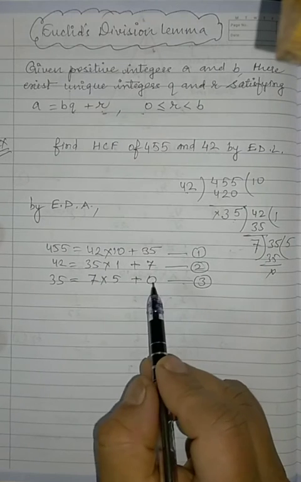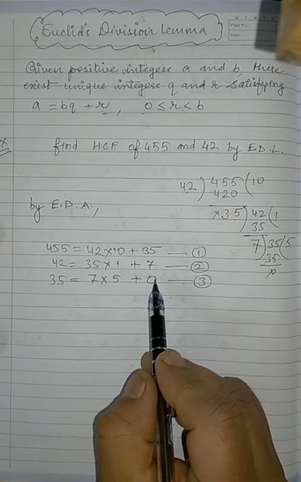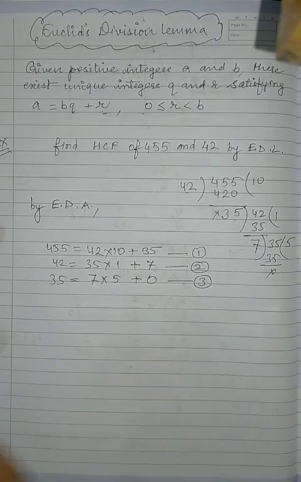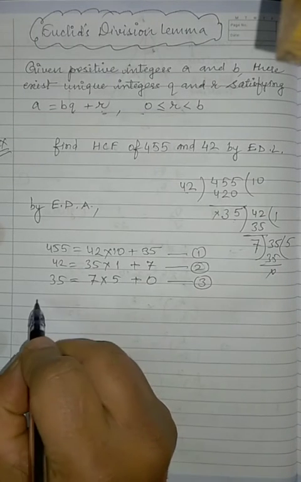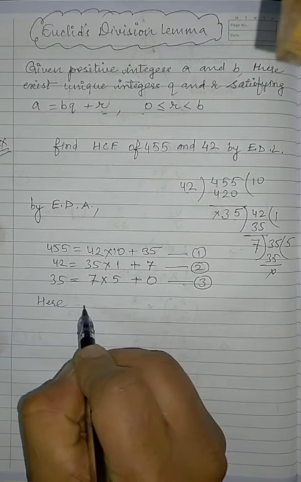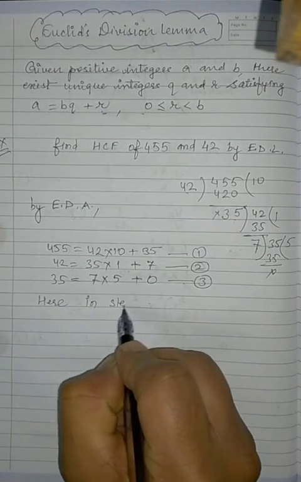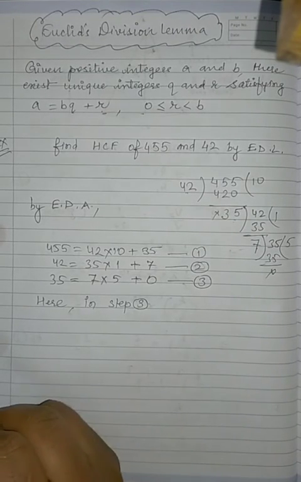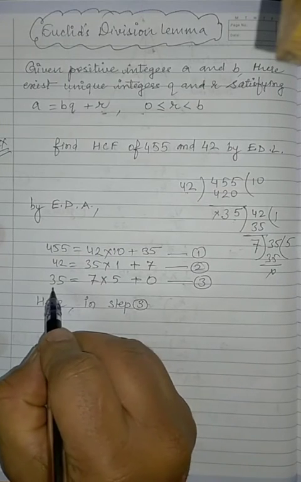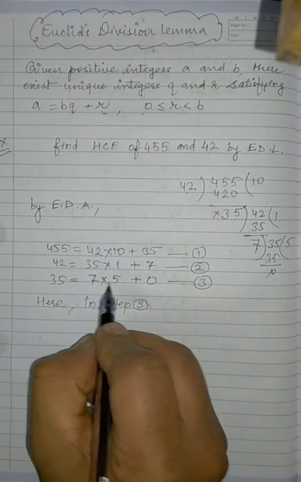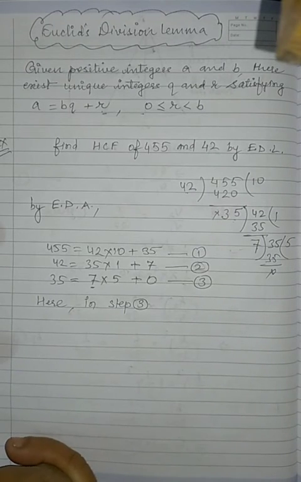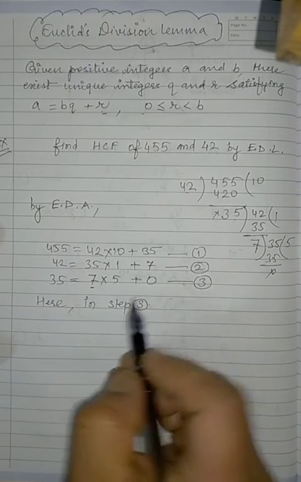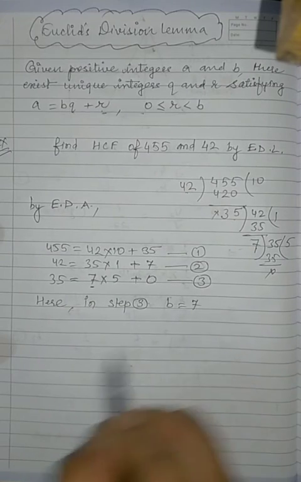Now our HCF can be determined in that step in which the remainder becomes 0. So here in step 3, if we see the sequence a is equal to bq plus r, b is always called the HCF. So here in step 3, b is equal to 7.